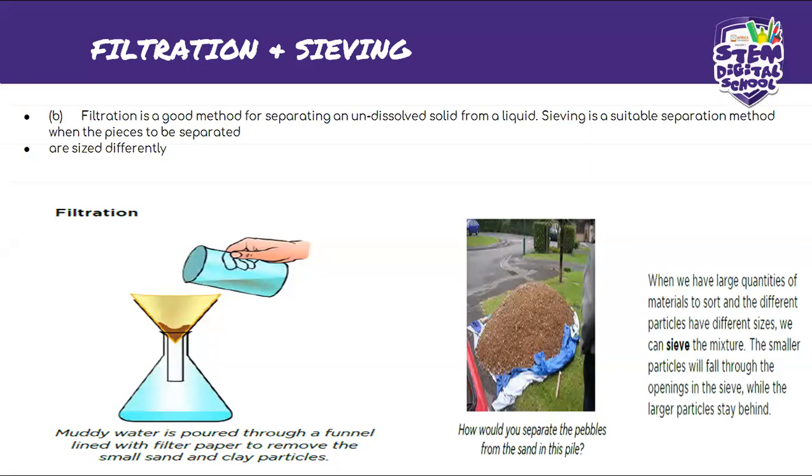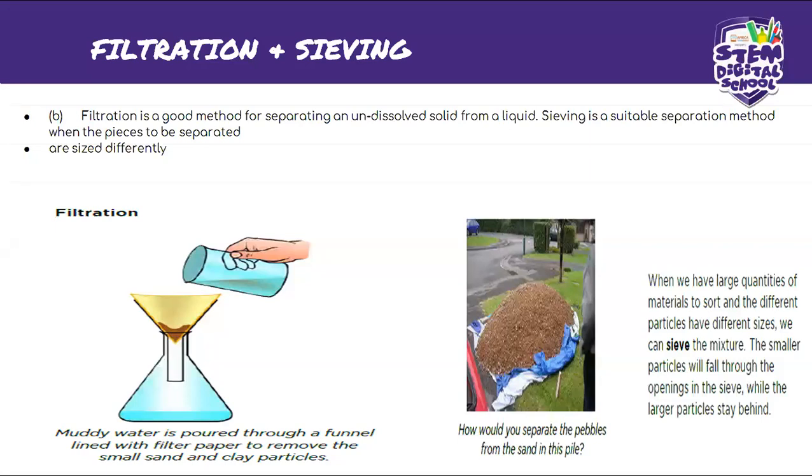Okay. Now here we can also use the sieving method. So here, how would you separate the pebbles from the sand in this pile? When we have large quantities of materials to sort and the different particles have different sizes, we can sieve the mixture.